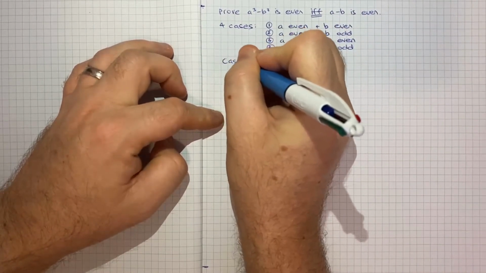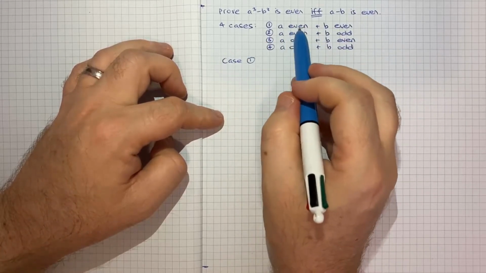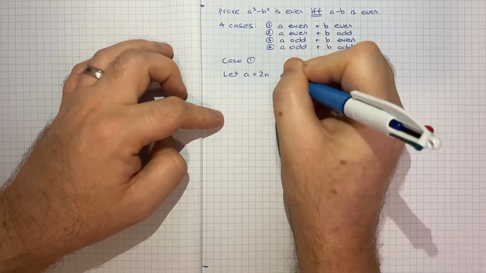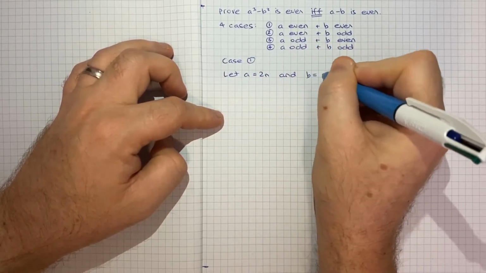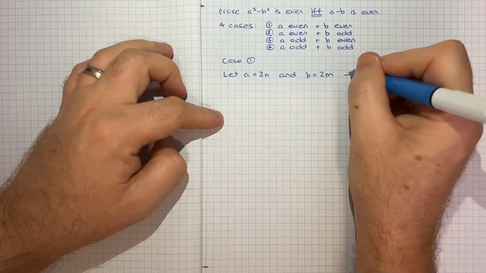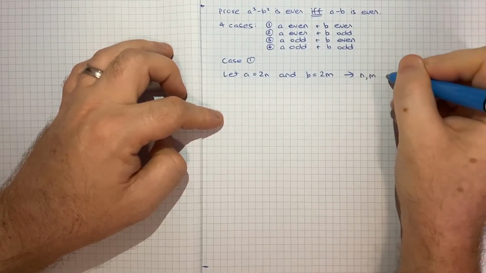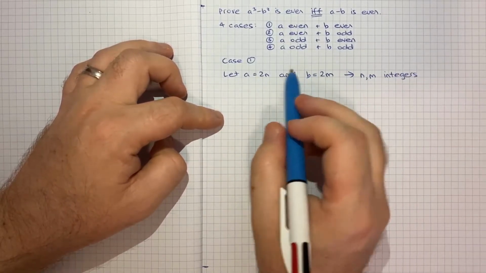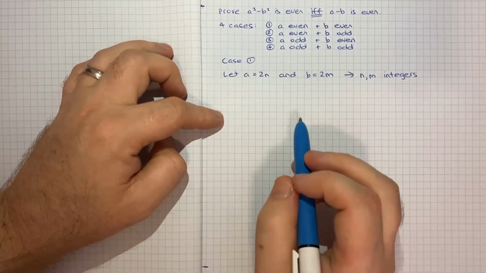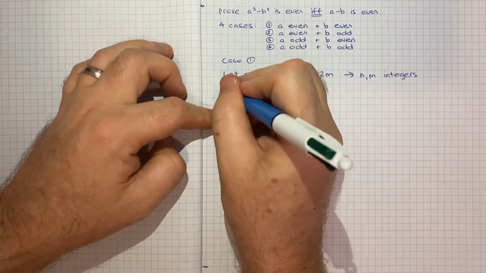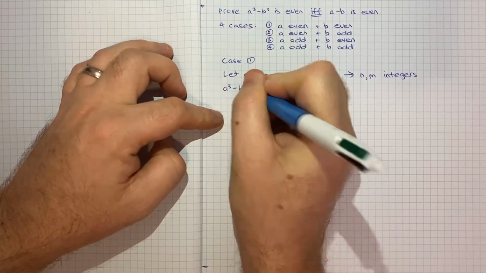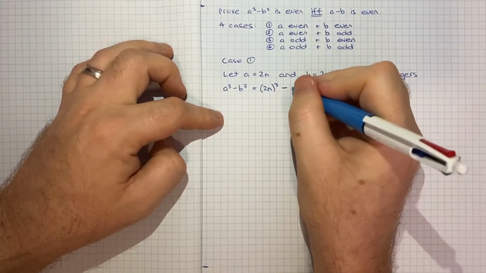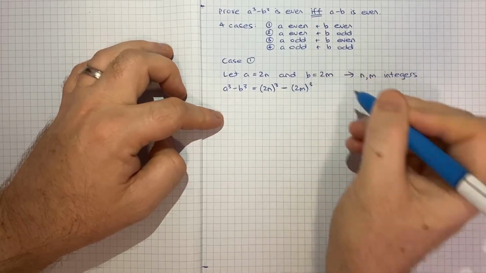So for case one, where a is even and b is even, we can let a equal 2n and b equal 2m, where n and m are some integers. This is a classic way of defining an even number. Now a cubed minus b cubed would be (2n) cubed minus (2m) cubed.